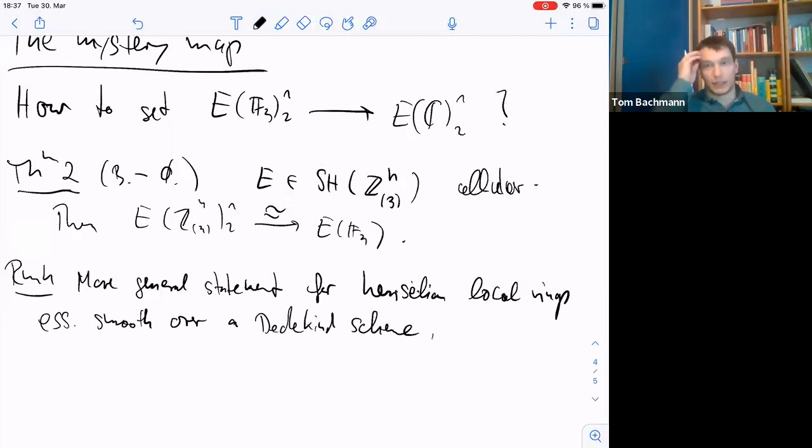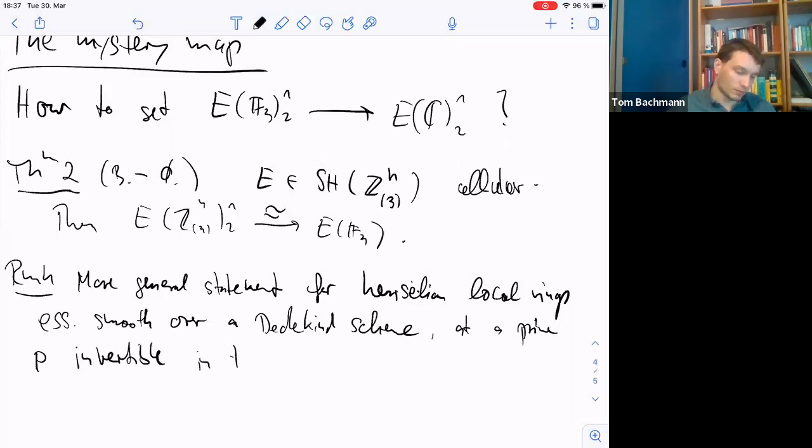And then you need to do this at some prime. You can use something different than 2, but it needs to be invertible in the residue field. So we have this assumption that it should be invertible in the residue field.